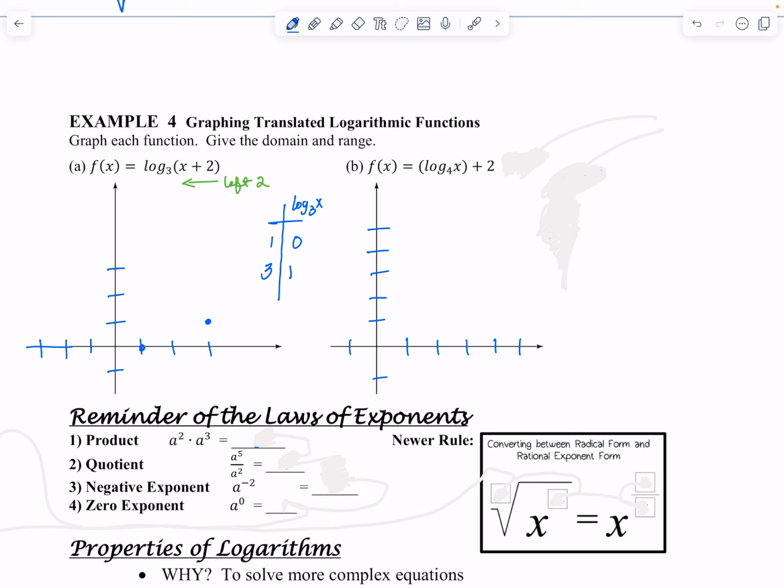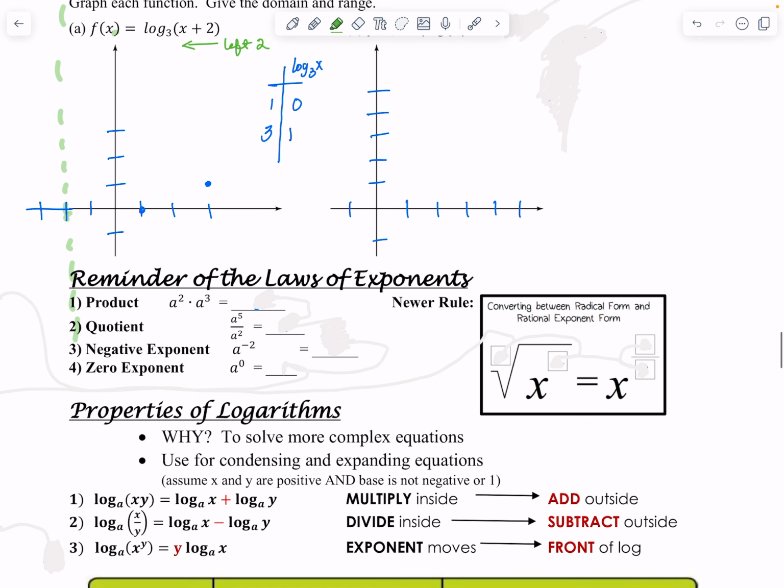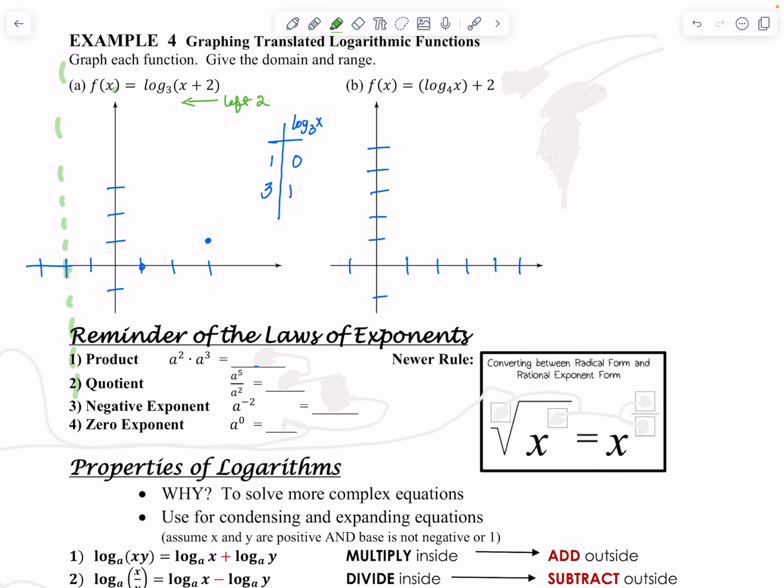I would have put a vertical asymptote on the y-axis, but instead I'm going to move it, because we're shifting it to the left 2. Then I'm going to shift my points to the left 2. So let's move my (1, 0) to the left 2, and this one to the left 2. So it's going to look like that.